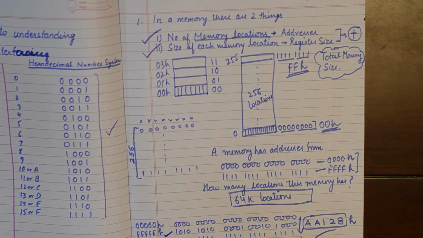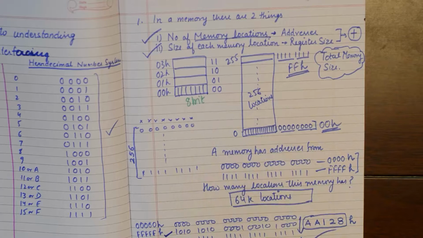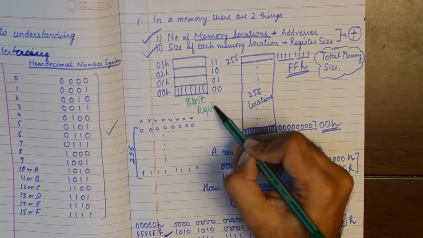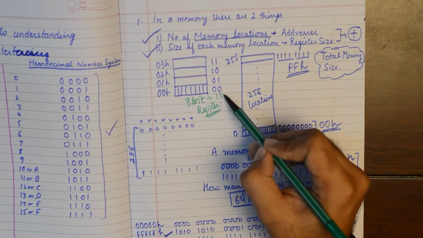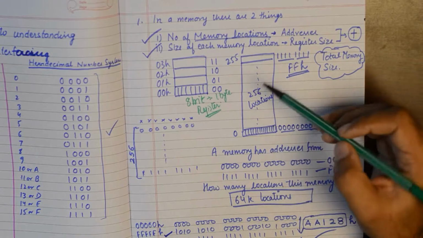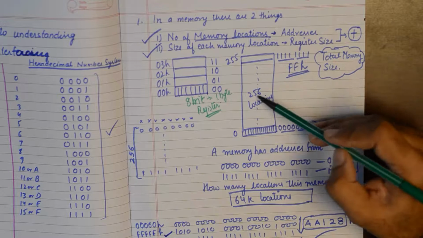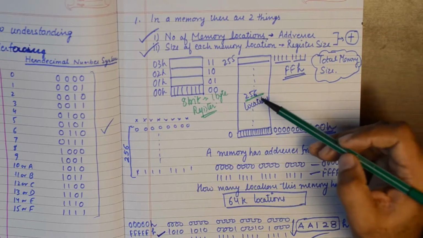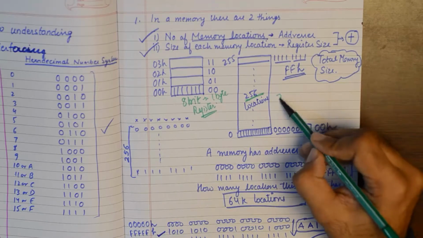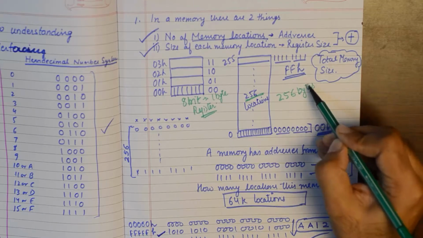I'm going to be using a different color pen. For example, we have an 8-bit register size. We know 8-bit is equivalent to 1 byte. So if 256 locations are there, and each location is 1 byte, we would say that this memory is 256 bytes in size.